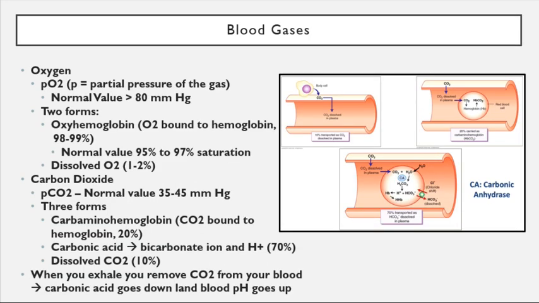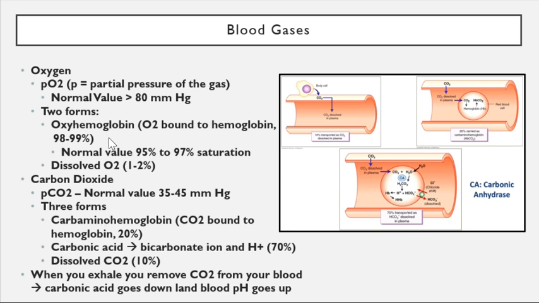As far as blood gases, the 2 main ones are carbon dioxide and oxygen. The partial pressure of oxygen is 80 millimeters of mercury, while the partial pressure of carbon dioxide is 35 to 45. There are 2 forms of oxygen: when it's bound to hemoglobin and when it's not bound to hemoglobin and is just dissolved in the blood.